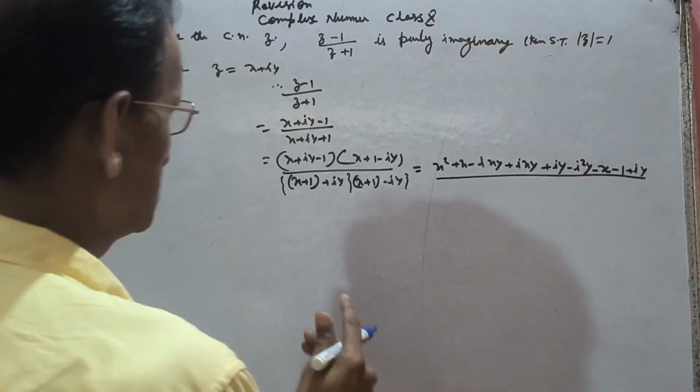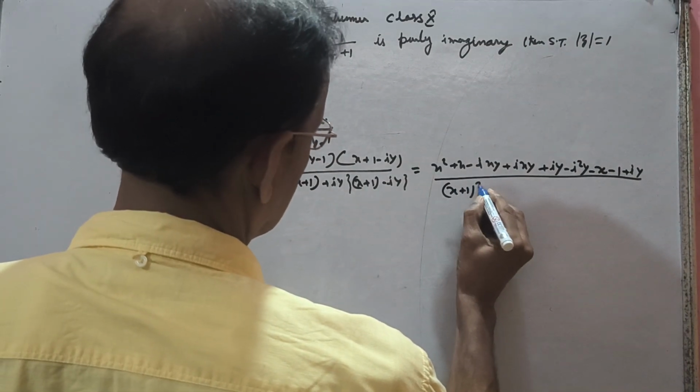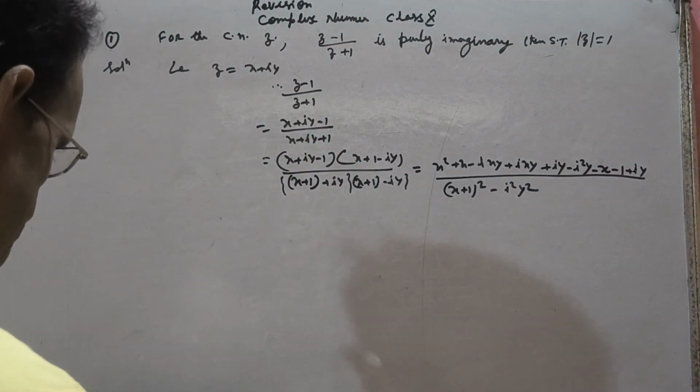And in the denominator, a plus b into a minus b, what will we get? x plus 1 whole square minus i square y square.